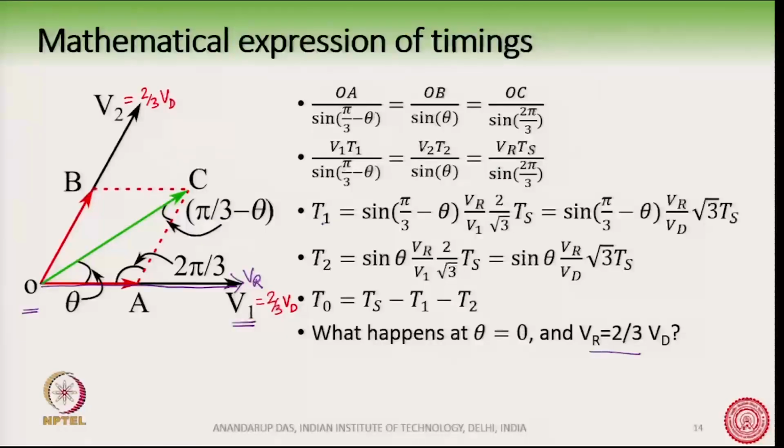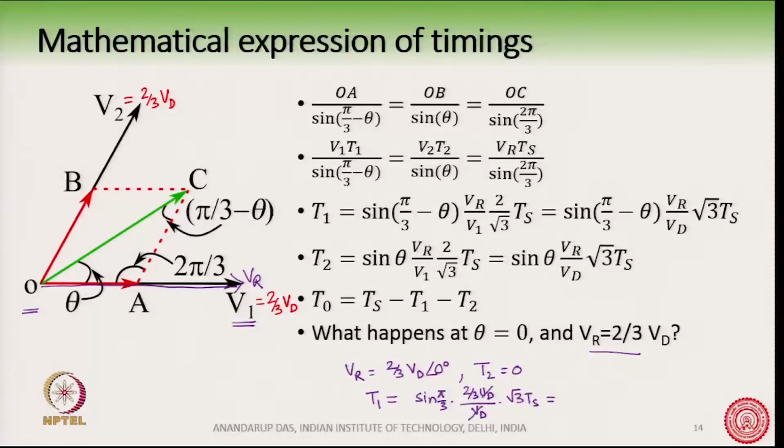At theta equal to 0, this can be also understood from this expression that suppose VR is equal to 2/3 Vd at angle 0 degree, which means theta equal to 0. So, T2 will become equal to 0, and T1, if you substitute in this equation, then we see that T1 will be equal to sin pi by 3 into 2/3 Vd divided by Vd into root 3 into Ts.